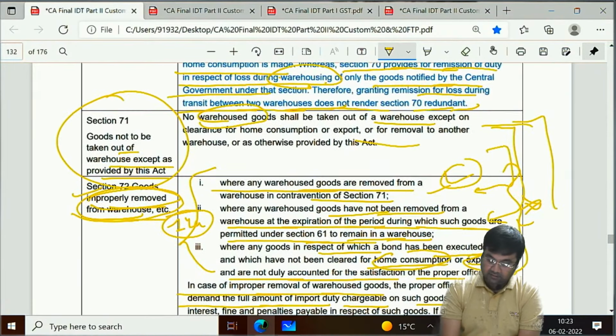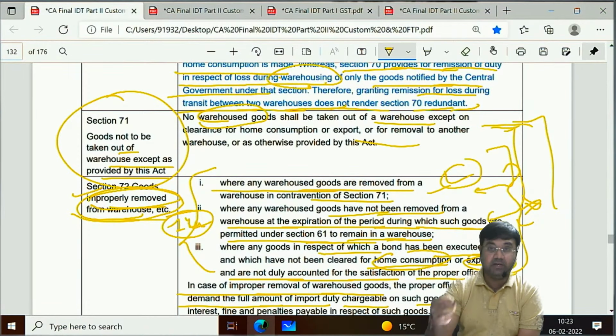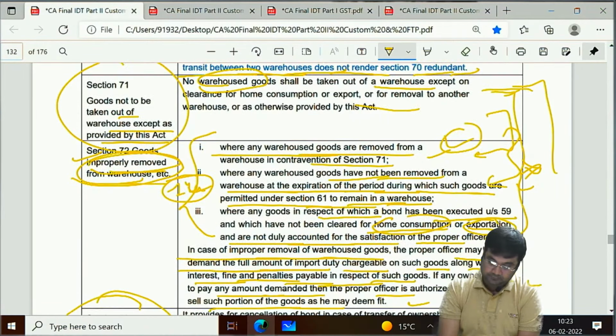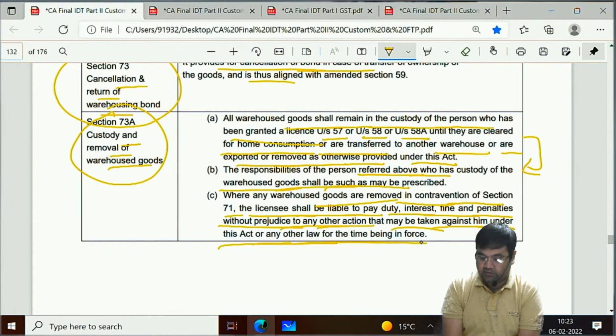But remember, when goods are not cleared within 1 year, then it is improper removal, but still the goods are there. But here it has been removed physically. It is taken out. Then the licensee shall be liable to pay duty, interest, fine and penalty without prejudice to any other action that may be taken against him under this Act or any other law for the time being in force.